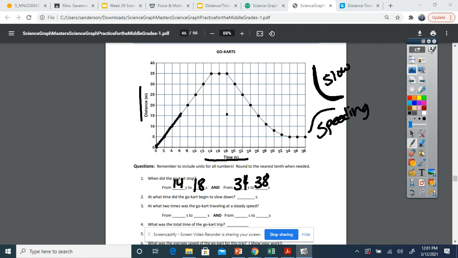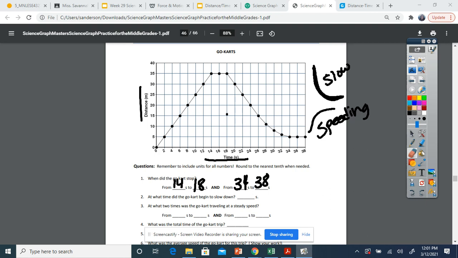Here we have steady, steady, steady, stopped, steady, steady, steady. And then right about here is when that dip happens. So we got to look and see where that dip happened. So it's right here, and then that dip occurs. And I'm going to erase my mark so you can see that.